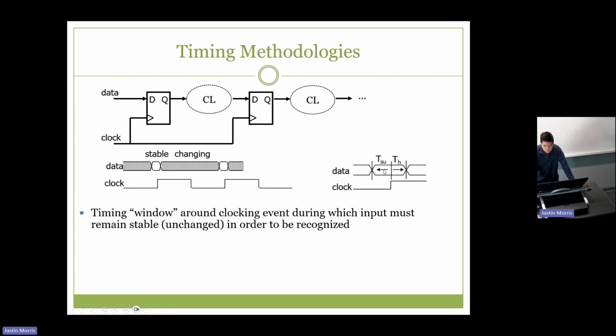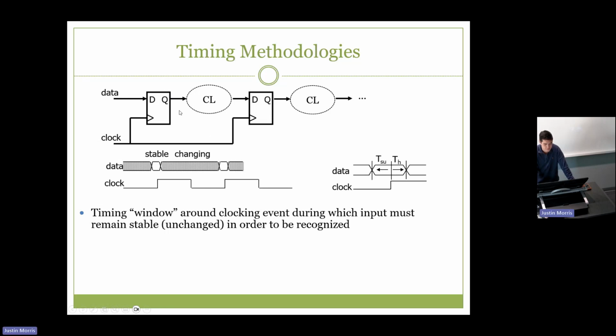The other thing we have to worry about is that at the clock edge, this flip-flop is potentially changing. If this change flows through the combinational logic too fast, and the input into this flip-flop is not stable for the whole time, then we could not capture the data properly.